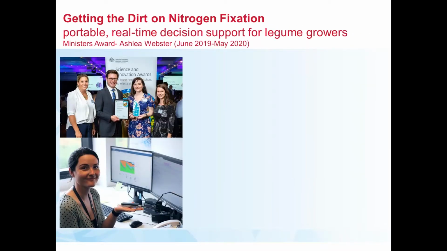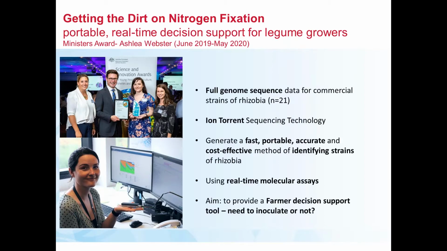The next thing I'll talk about that our group is working on is a project around developing a real-time decision support tool for legume growers. Ashley Webster, one of the technical officers in our group, won the Minister's Award for Science and Innovation. Her project will sequence the full genome of 21 of the commercial rhizobial strains.